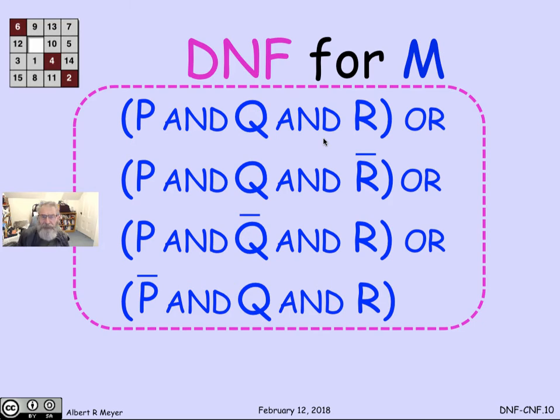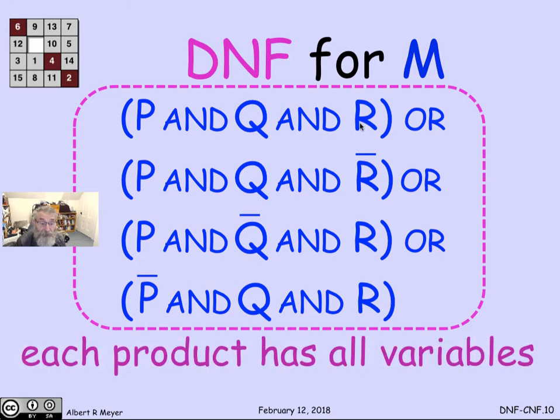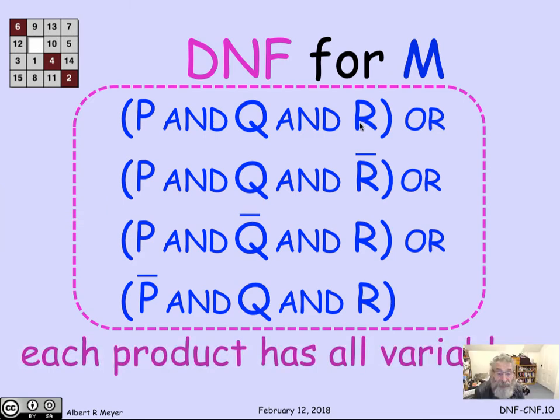An AND of literals technically is a term that's got at most one occurrence of each variable. So it won't have a Q and a Q. It won't have a Q and a not Q. So each of these has the variables at most once. As a matter of fact, these special ones that we got are even better. They not only have each variable in the AND term at most once, they have it exactly once. So each product has all the variables, and that's what makes it a so-called full DNF for M.